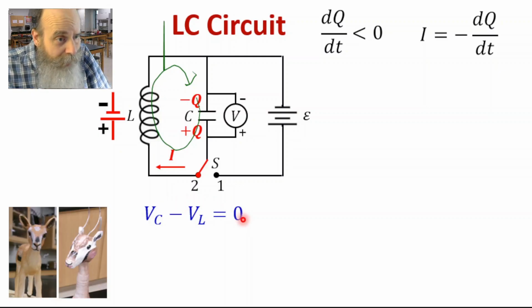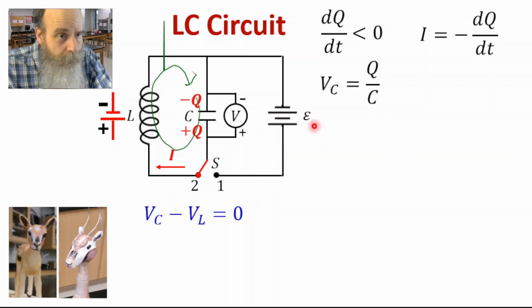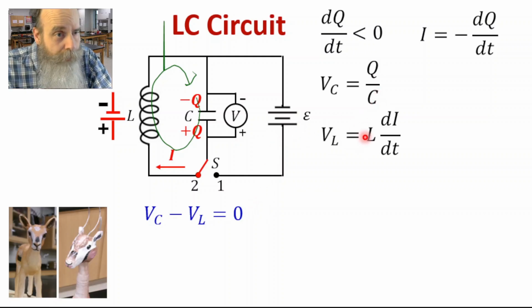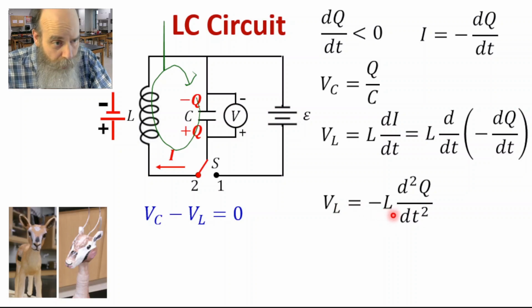So we have minus VL, and that equals 0. So VC is Q over C, and VL is L dI/dt. And we'll put in what I is, negative dq/dt. We get this. And so we finally get for VL, negative L d2q/dt squared.